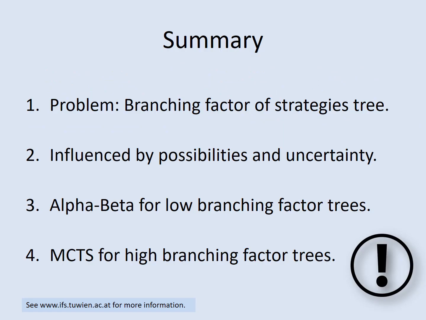Okay, in summary, when it comes to strategic gaming, the essential problem is the branching factor. Even if it is just 2, we have an exponential function of all the strategies that are thinkable.